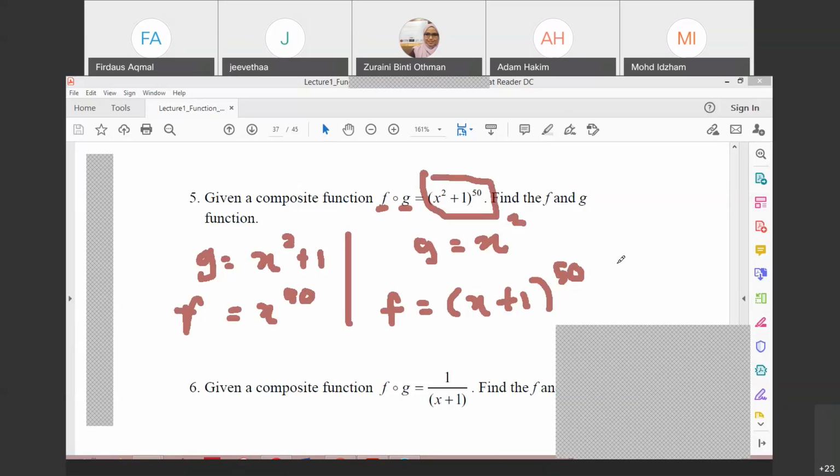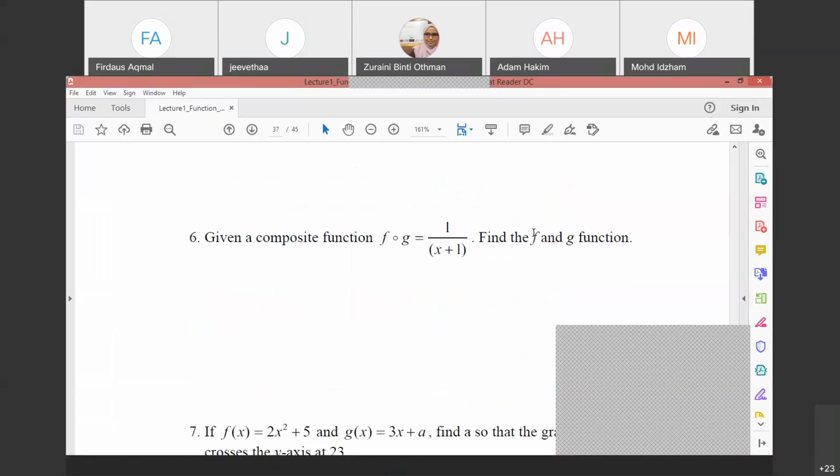Boleh bermacam-macam bentuk. Okay, another, yang lain macam mana? X kuasa 50. Okay, lainnya boleh kena derive sendiri lah. Tapi ini one of the answer, another one answer pun boleh. Okay, kalau bentuk lain pun mungkin kalau kita masukkan dalam pun dapat jawapan yang sama, still boleh terima. Boleh faham?